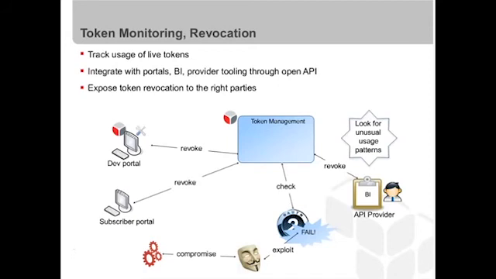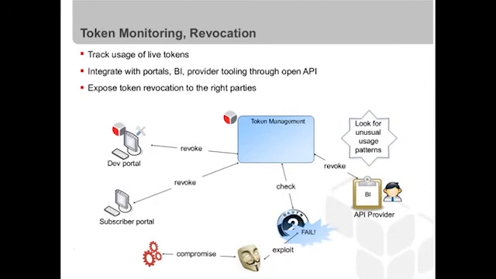As an application developer, it allows you to check that your application is behaving as intended. As a subscriber, it shows you that an application is acting on your behalf. And as a provider, this is very important for reporting purposes, also to be able to monitor and look for unusual behaviors and things like that.